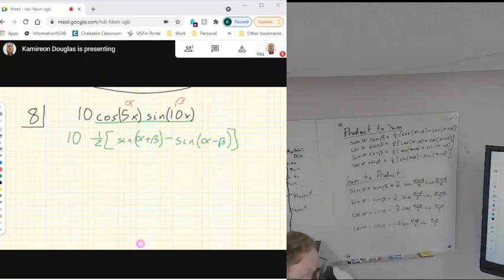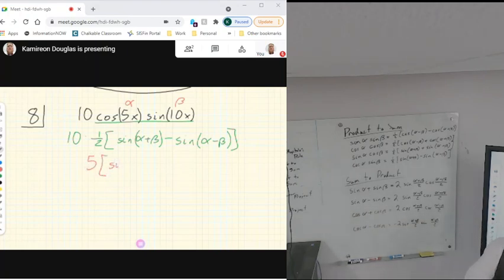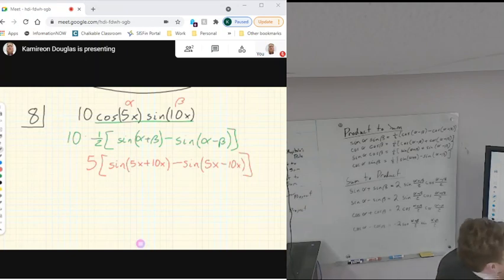So let's do that. 10 times 1/2 would make this a 5. Bracket. Sine alpha plus beta. My alpha is 5x. My beta is 10x, so 5x plus 10x. Minus sine of alpha minus beta. My alpha is 5x. My beta, 10x. There's my new formula.